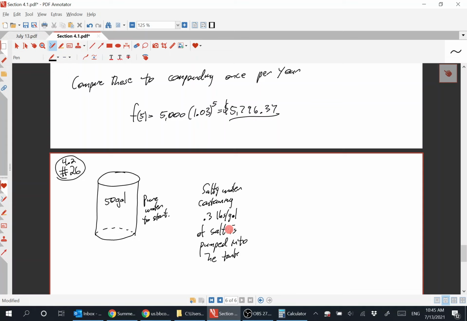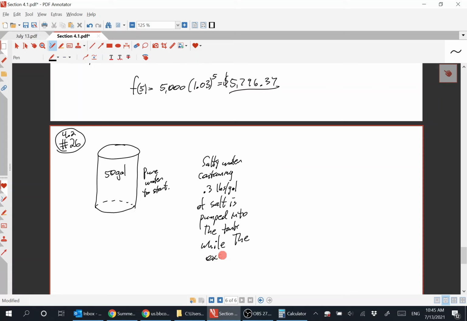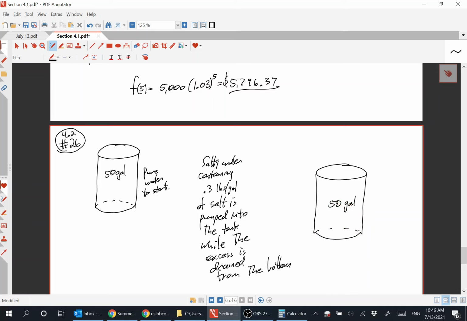So the salty water has 0.3 pounds per gallon of salt dissolved into it, and is pumped into the tank while the rest is drained out. Right, so you've got your big old barrel, and it's got 50 gallons of salty water in it. 50-gallon capacity, right?